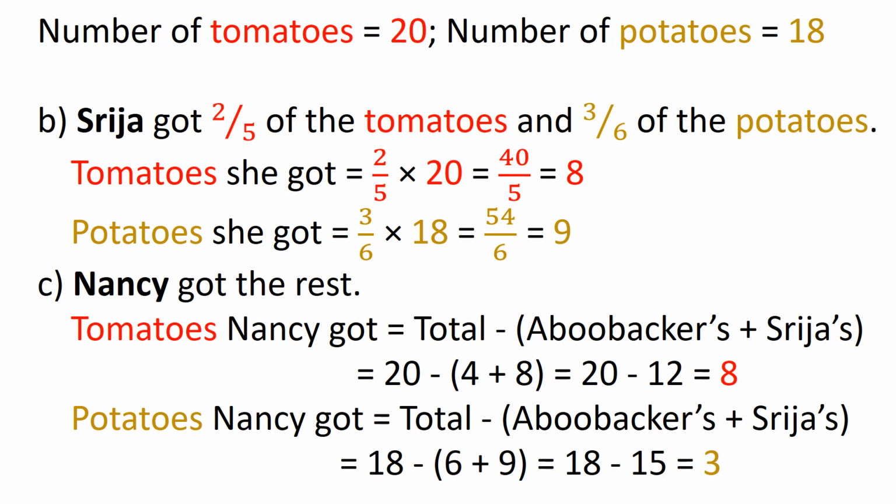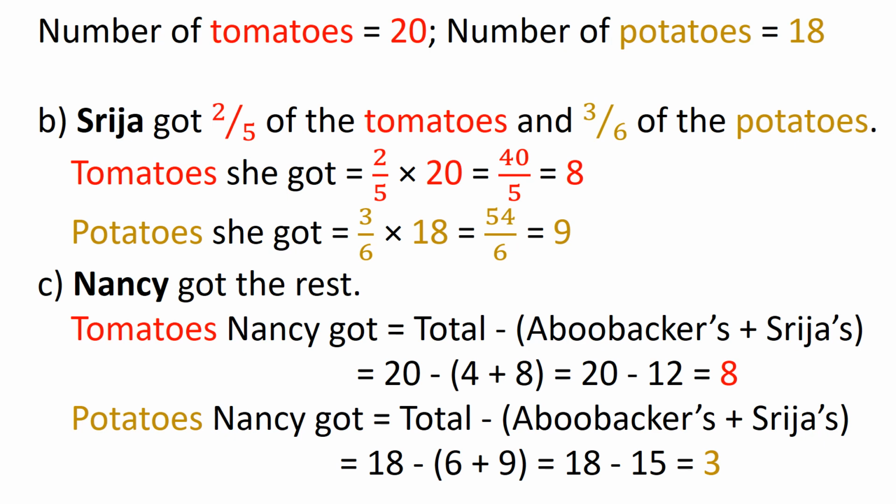Tomatoes she got will be total number of tomatoes minus Abu Bakar's share plus Srija's share. Total is 20. Abu Bakar got 4 tomatoes and Srija got 8. So it will be 20 minus 12, which is equal to 8.